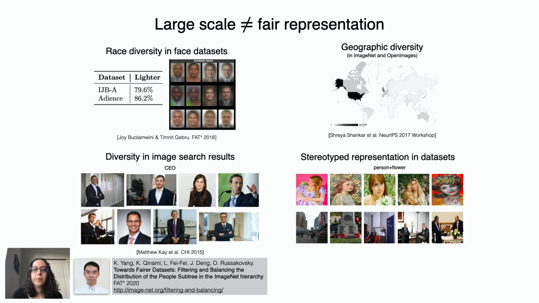And so finally, this brings me to the last issue and perhaps some of the most complex type of bias that we may want to consider. And that is stereotype representation, stereotype portrayals in datasets, which goes deeper than just counts, deeper than just numbers of people of certain demographics that appear. For example, here I'm showing examples from Open Images of women co-occurring with flowers in the top row and men co-occurring with flowers in the bottom row.